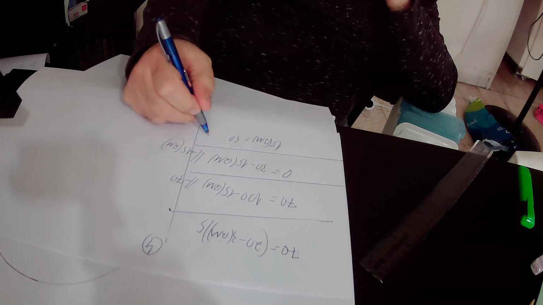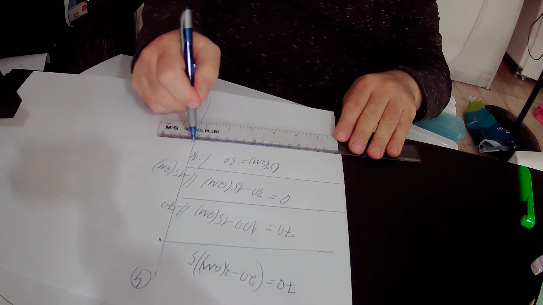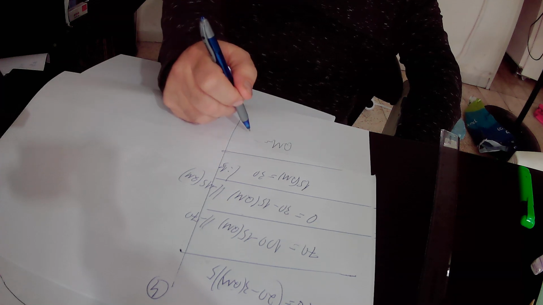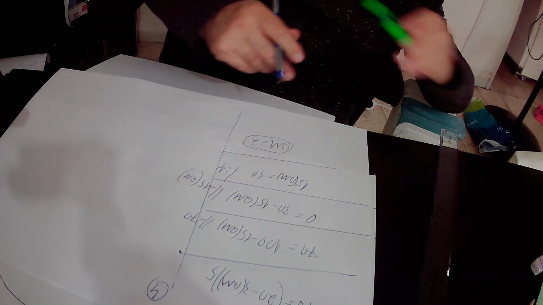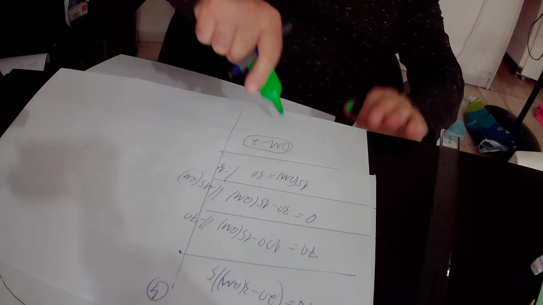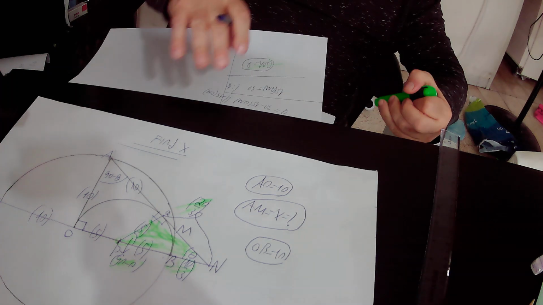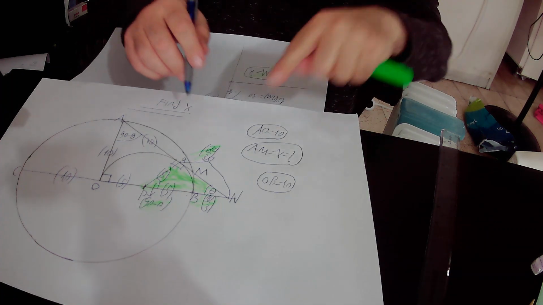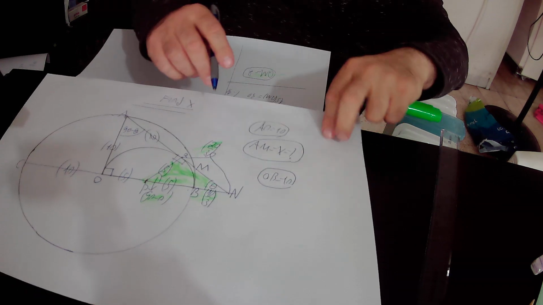Here we divide this equation by 15 and finally we get that QM equals 30 over 15, which is 2. So QM equals 2 units in length. Here, this line segment QM equals 2 units in length.